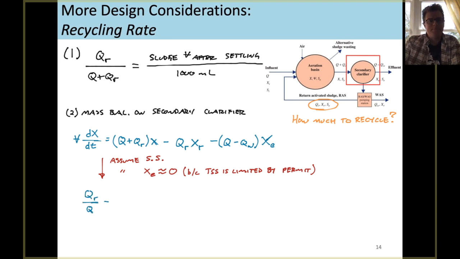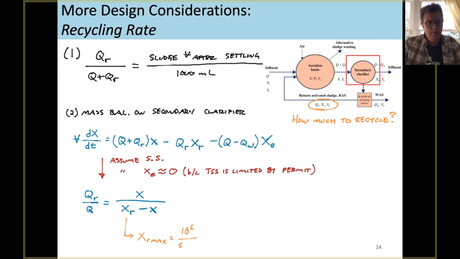We can simplify this relationship down to the ratio of return flow to influent, so QR over Q, as X, that biomass concentration in the basin, divided by the return flow concentration minus the basin concentration.